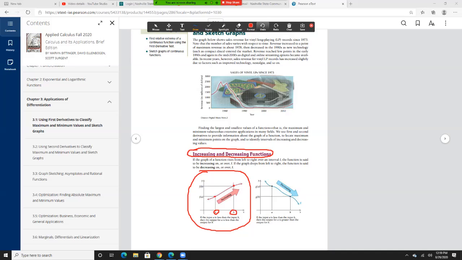If you look at the picture to the right, notice this time that we still have the same interval, right?